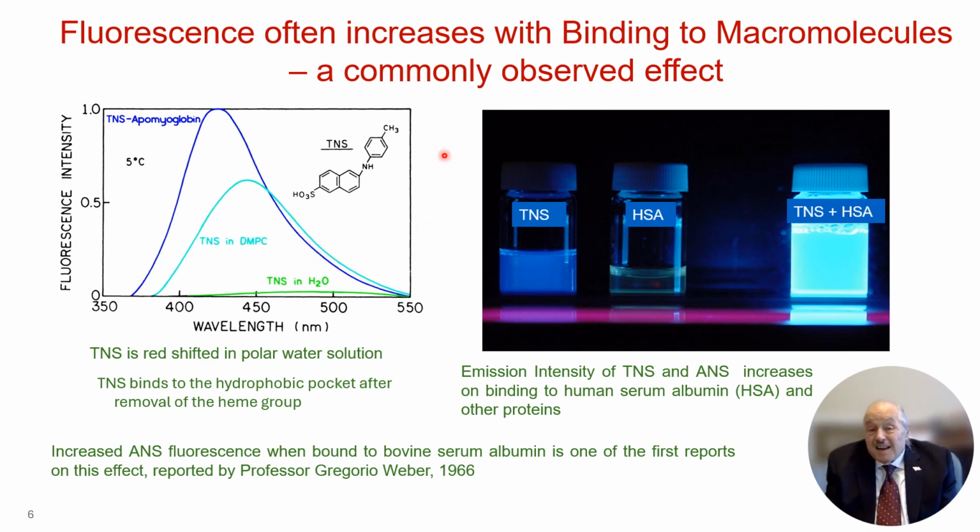That's not exactly what happens, but many fluorophores of this class, TNS or ANS, which is the same thing without the methyl group, will display very low fluorescence in water and very bright fluorescence when bound to a protein. For this particular spectrum, it was apomyoglobin, where the nonpolar site is where the heme used to be, and the TNS binds into that nonpolar site, and the emission intensity goes way up.